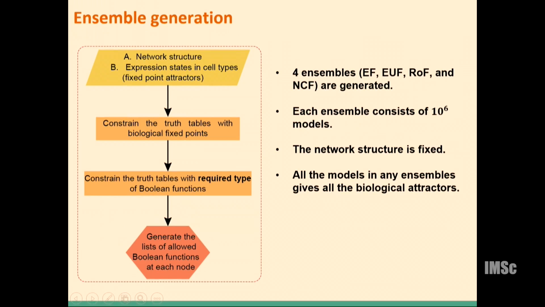Following this flow chart, we generated 4 ensembles of models: EF, UF, RF, and NCF. We generated 1 million models for each of these classes, where we fixed the network structure, and all the models in any ensemble give all the biological attractors.